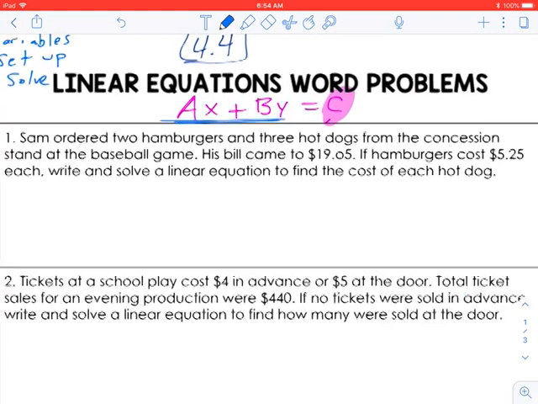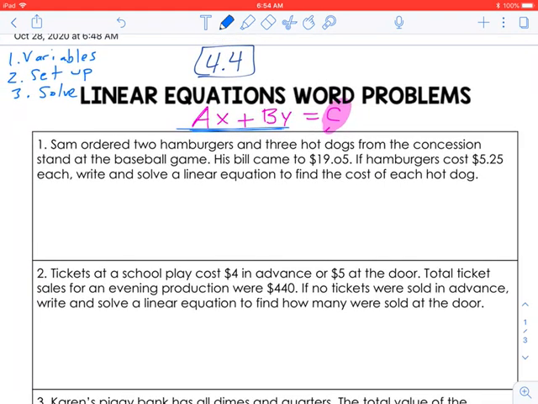In this case, it says Sam ordered 2 hamburgers and 3 hot dogs from the concession stand at the baseball game. So right away, I have 2 different things: hot dogs and hamburgers. His bill was $19.05, so I have a total right there.